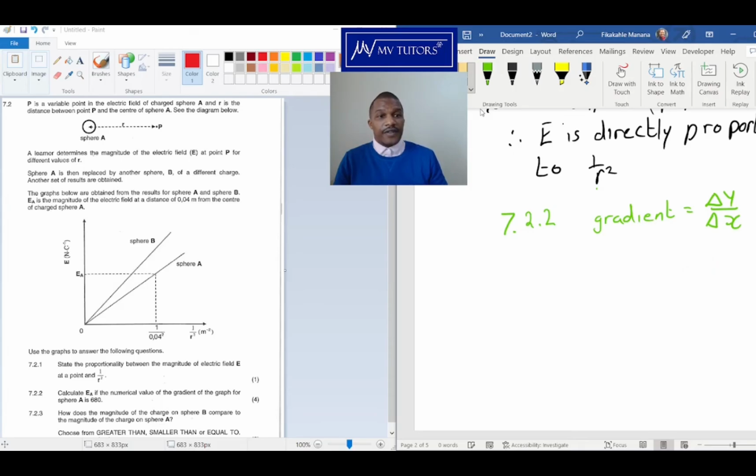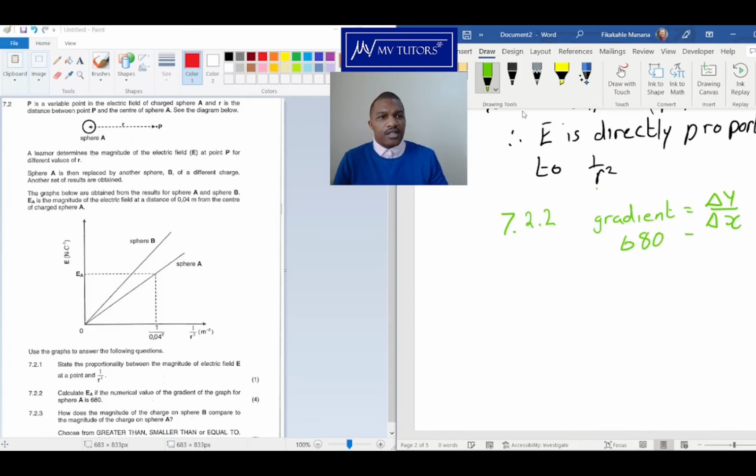I've been doing this paper today, so I'm getting answers wrong and getting values mixed up. Okay, let's try again. Calculate EA if the numerical value of the gradient of the graph. It is the gradient. Why am I being confused?